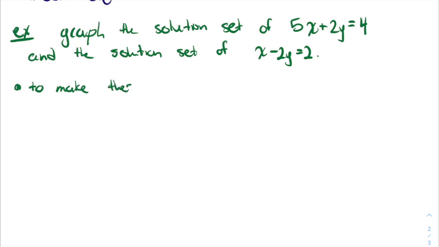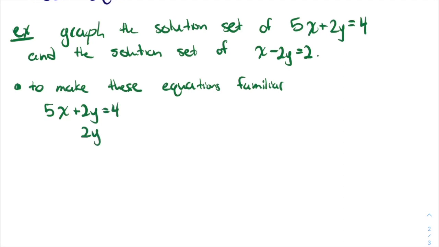To make these two equations look familiar, we can rearrange them. 5x plus 2y equals 4 is the same as 2y equals negative 5x plus 4, which is y equals negative 5 halves x plus 2.